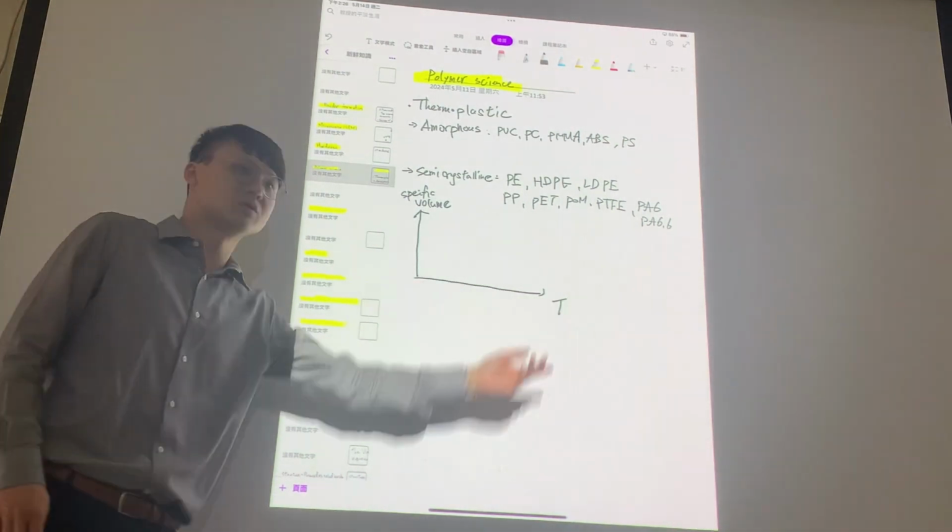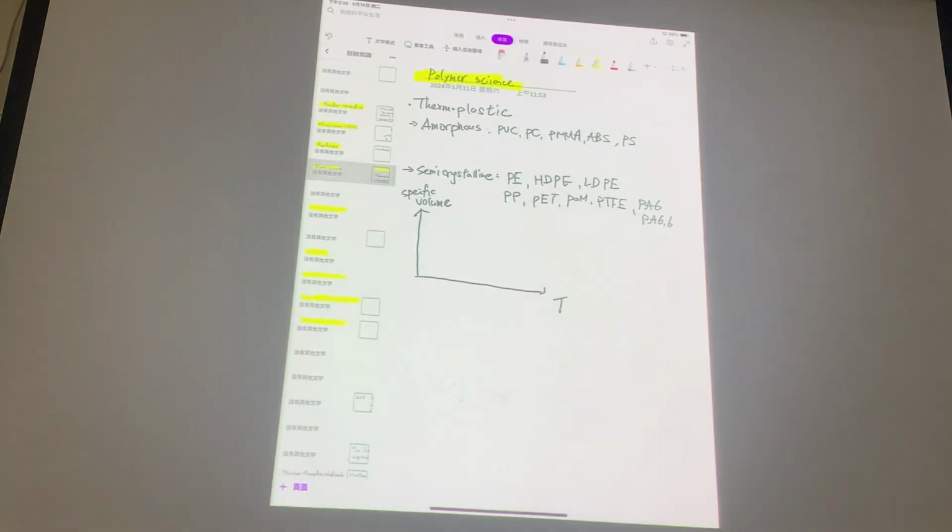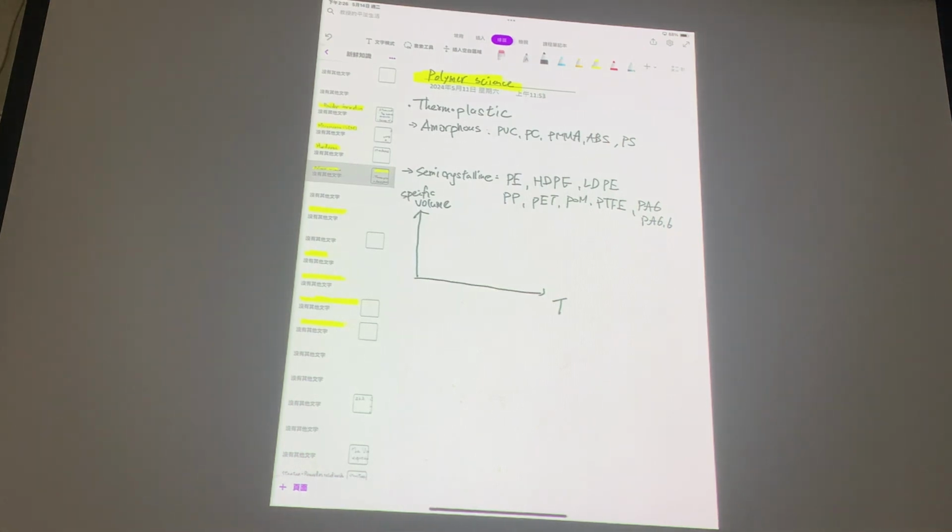Then we draw the temperature, from room temperature all the way to melting temperature. If I were to ask you to draw these material curves, the amorphous curve, the semi-crystalline, and the crystalline material, what would they look like? Let's identify a few lines.